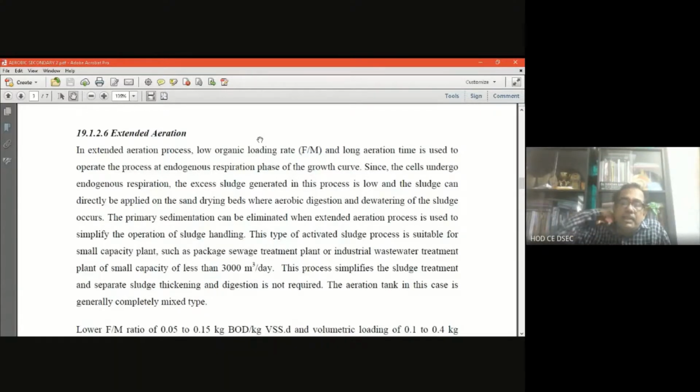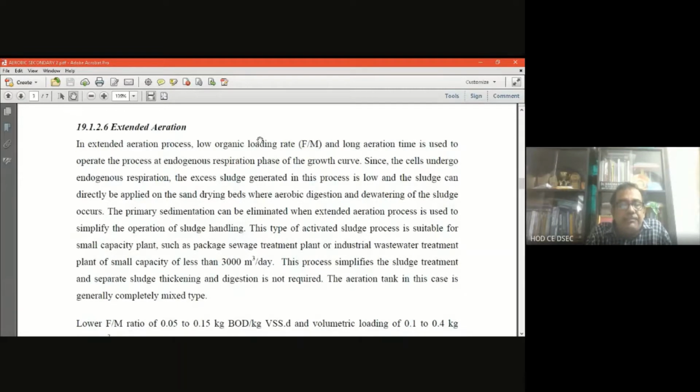And this process simplifies the sludge treatment, and separate sludge thickening and digestion do not occur, because the main thing, the handling of the sludge, can be solved by the process of extended aeration vis-a-vis the oxidation ditch. The aeration tank in this case is a completely mixed type.